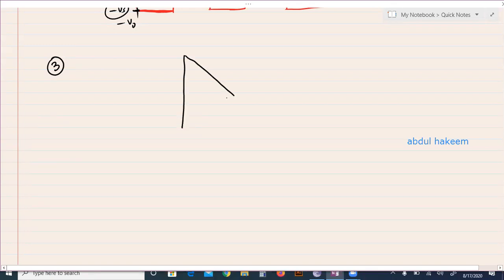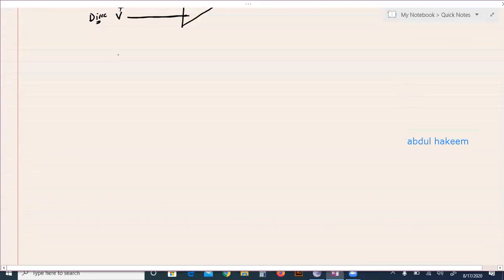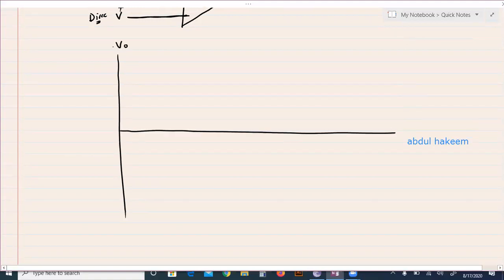Suppose this is an OpAmp, operational amplifier. Now this input is direct voltage, any value, not 0. And this inverting input is alternating, suppose. Then the graph for output and input. So this is V out positive, V out negative. This is supply voltage, and this is the supply voltage negative.